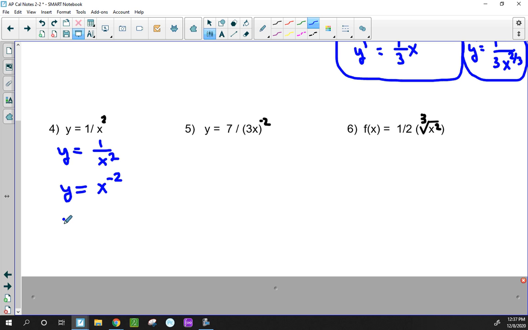When you're ready to derive, remember again to use your notation. So y prime is equal to -2 times 1 is -2. Drop your variable down and then subtract 1 from -2. And so if I do -2 minus 1, that of course is going to be -3. And so this is an acceptable answer.